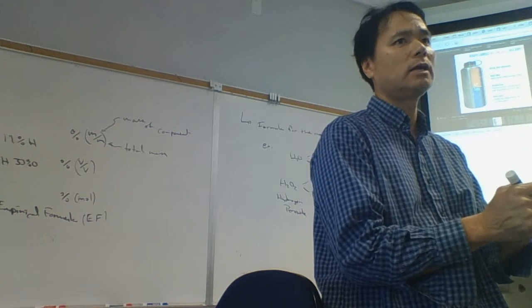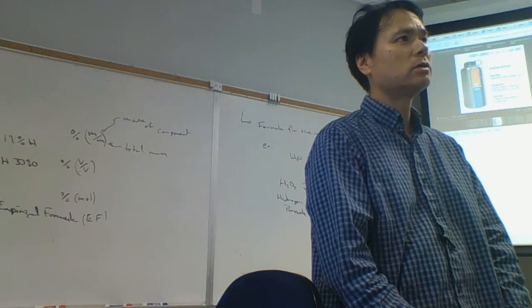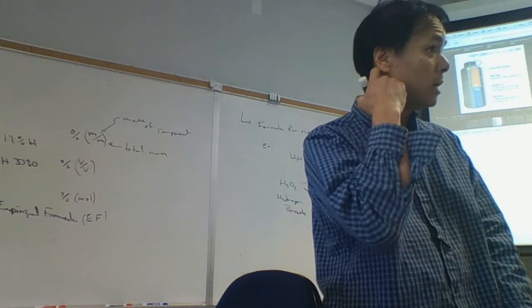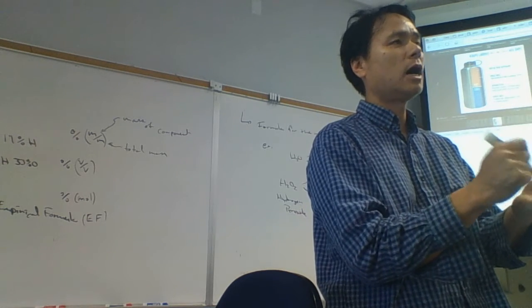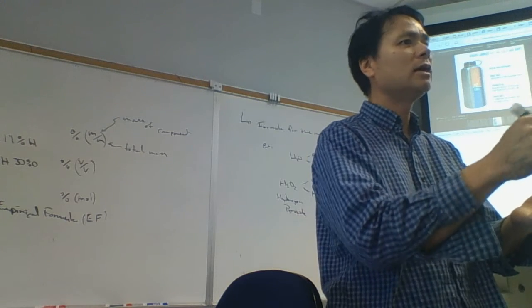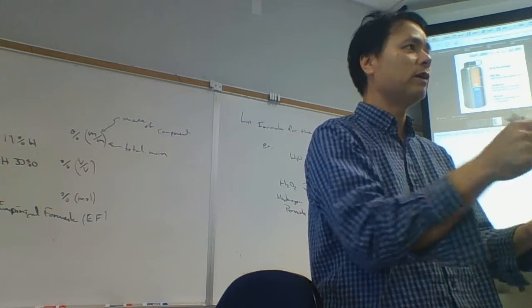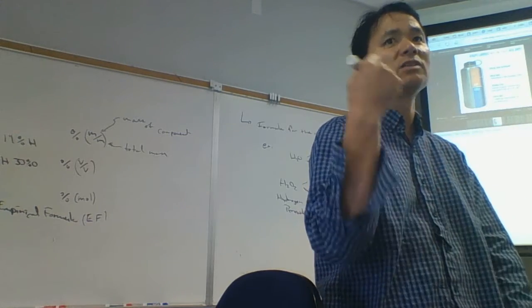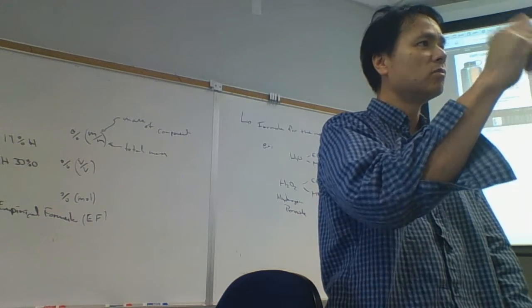So I gave up on flashcards for nomenclature. You know what I did instead? I wrote it down. If I wanted to learn an ion, I'd write it down 50 times, 100 times, over and over. And then it becomes automatic. It's like driving a car. You don't even think about it. Sulfate, boom, SO4 2-, because you've written it down so many times. It's so repetitive. It's in your motor memory.